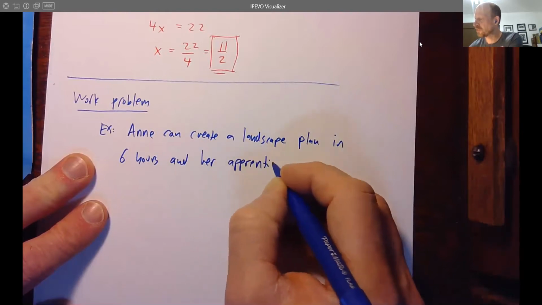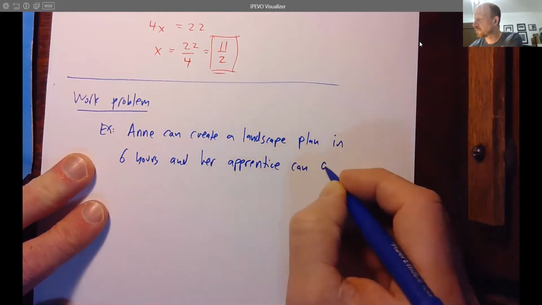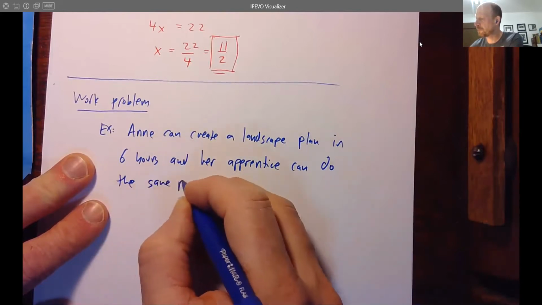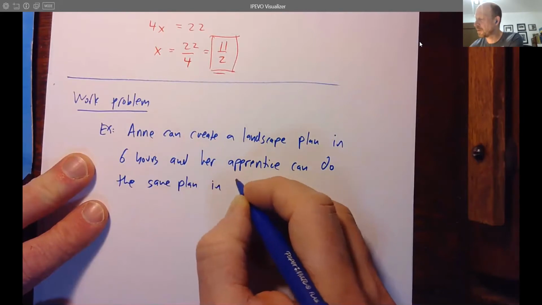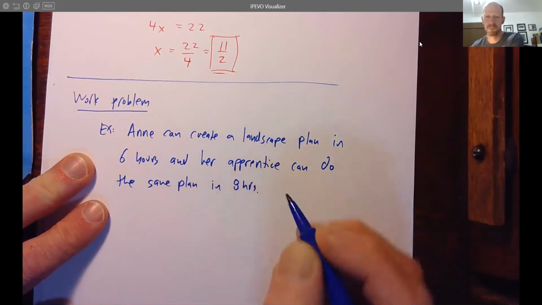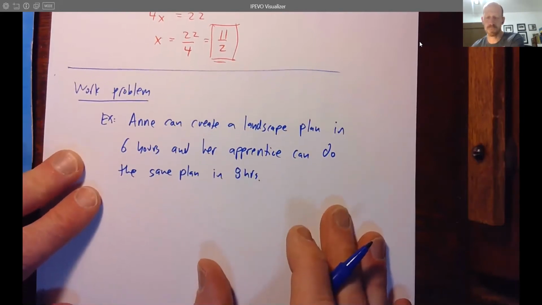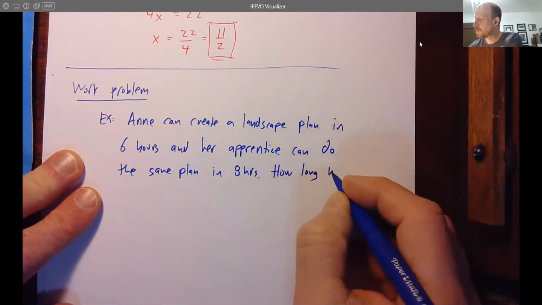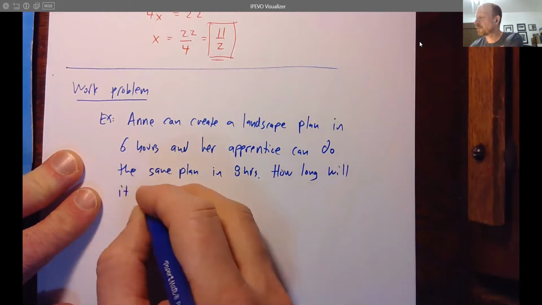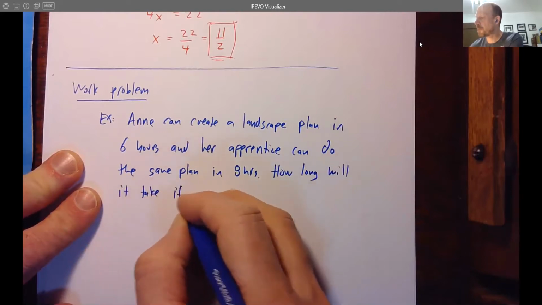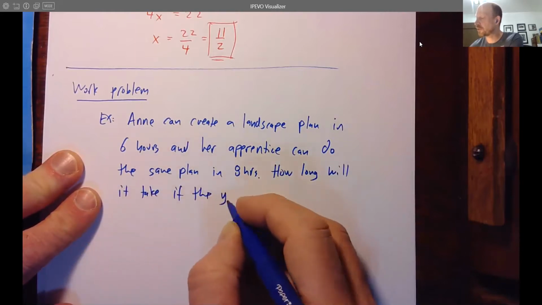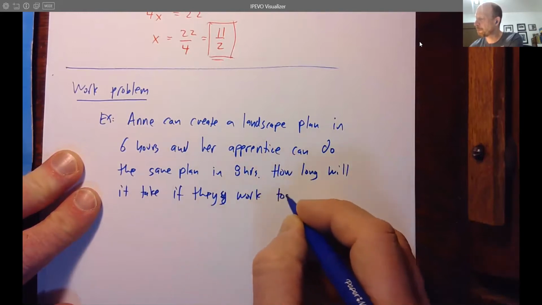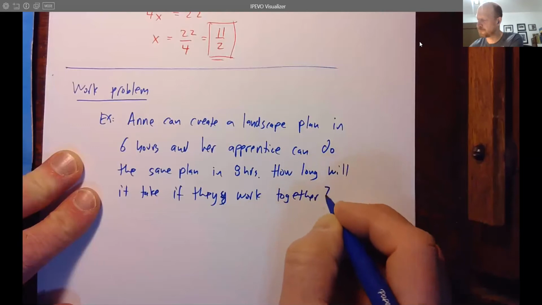And her apprentice can do the same plan in 8 hours. How long will it take if they work together? Oops, they work together.